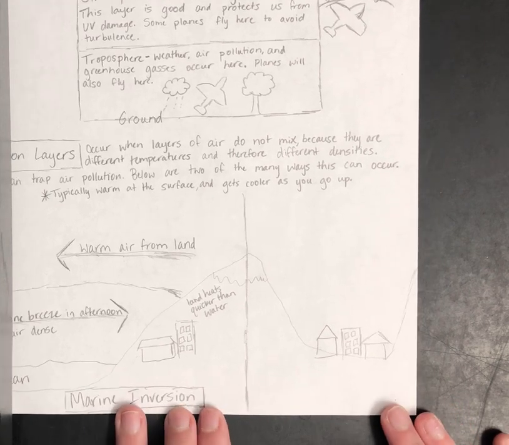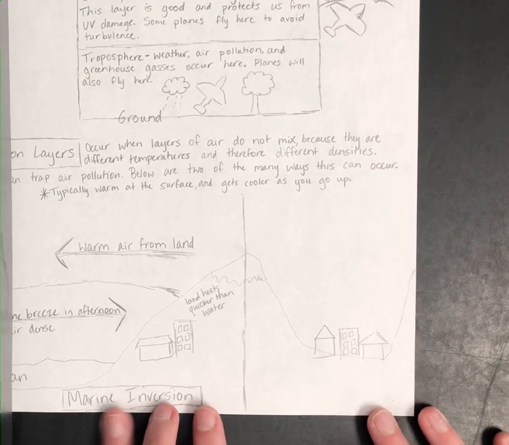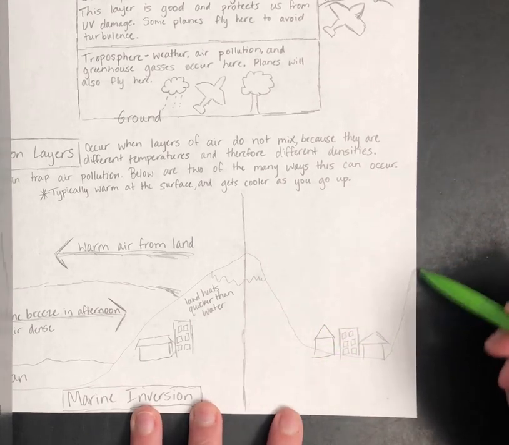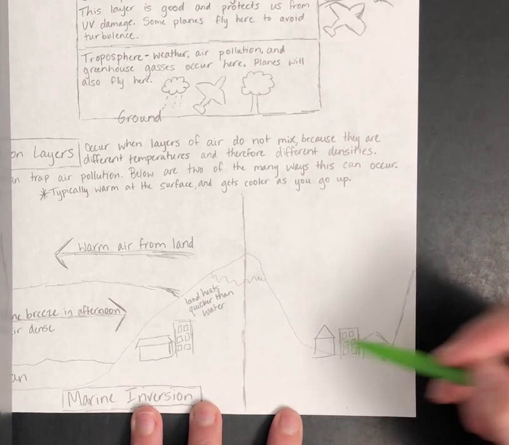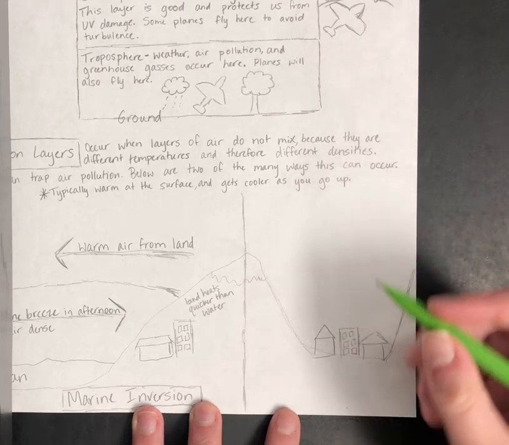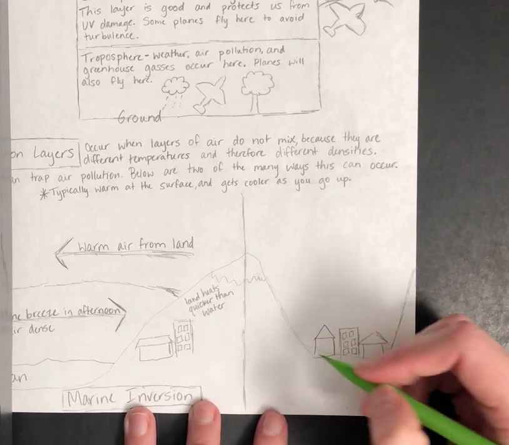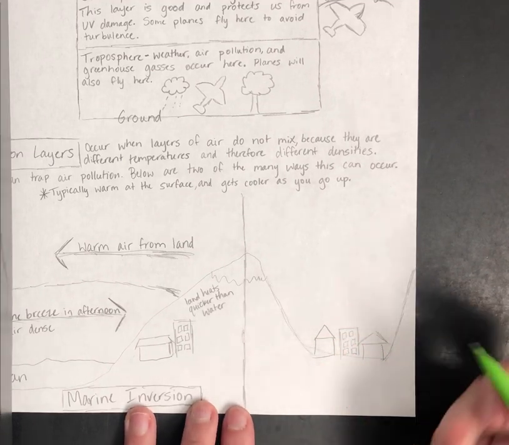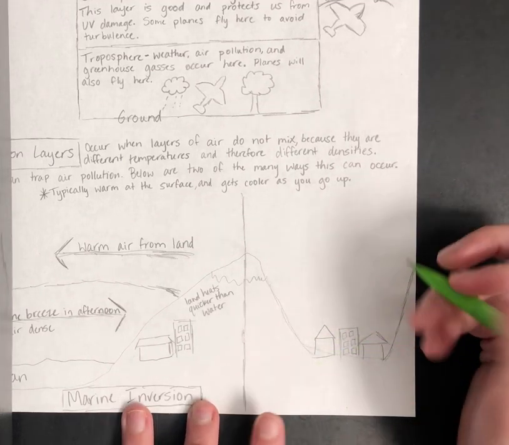So another example of this is we have a little community down here in the valley. So think about if it's winter time, this little community down here is going to be cold. You know, the mountains are shading it. It's winter time. It's just typically going to be cold in this community.